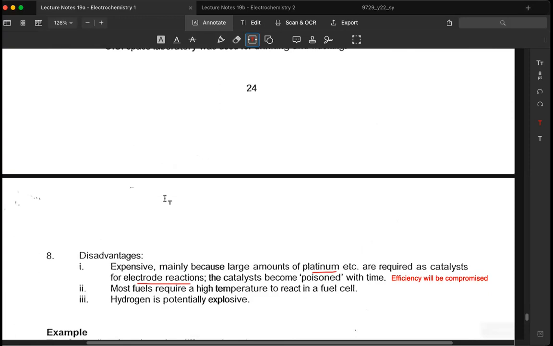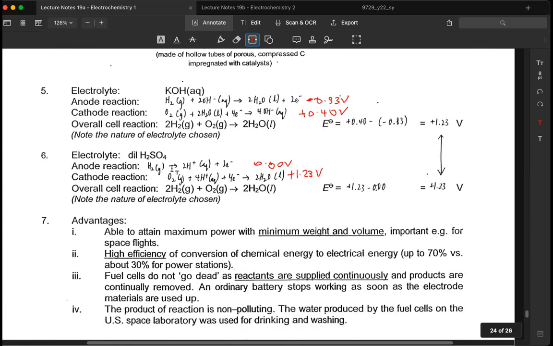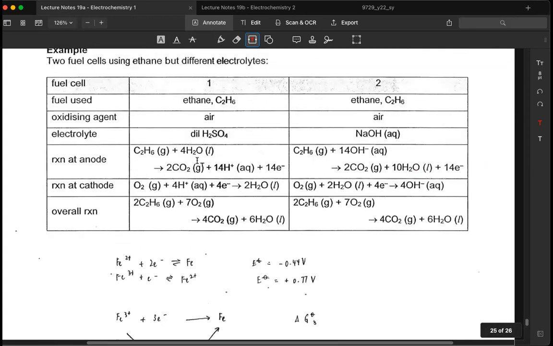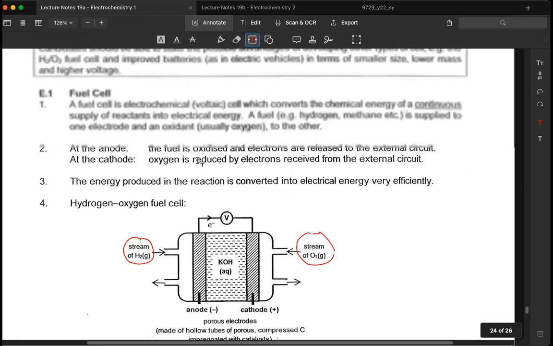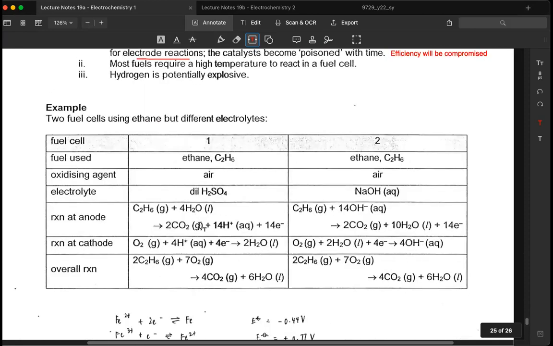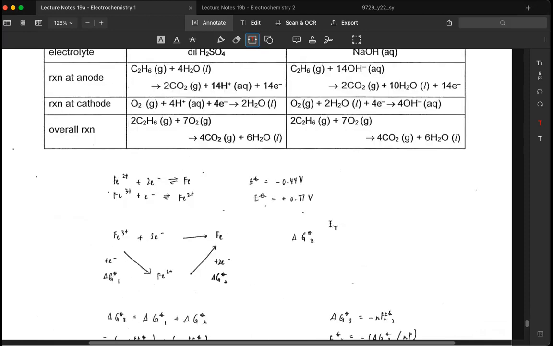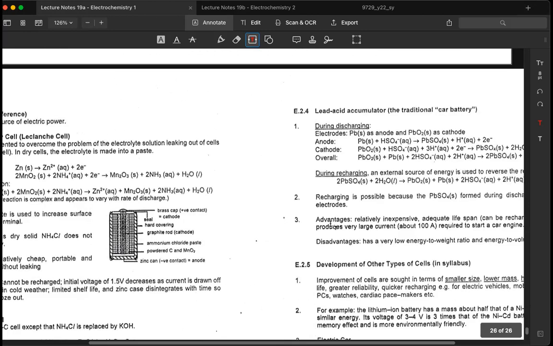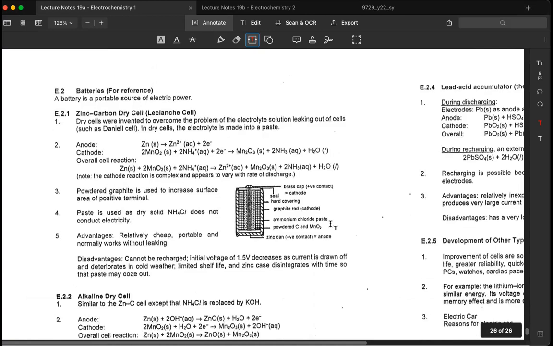If it's acidic, for the anode, you do not add H plus on the left hand side. You actually add water or don't add anything here, it depends. You add water to produce the H plus, and you return the H plus to regenerate it. Okay. So last one, just for your reference.